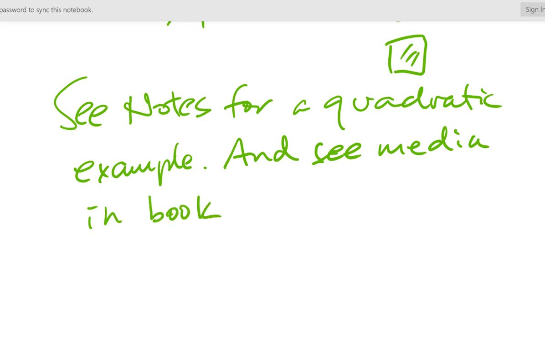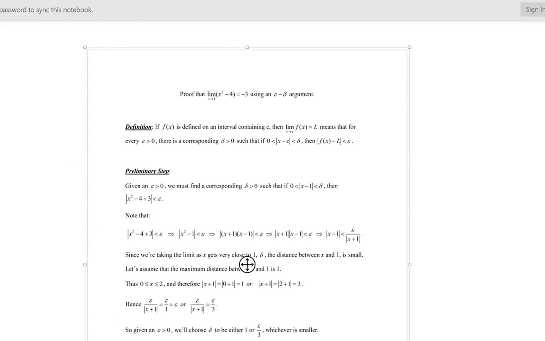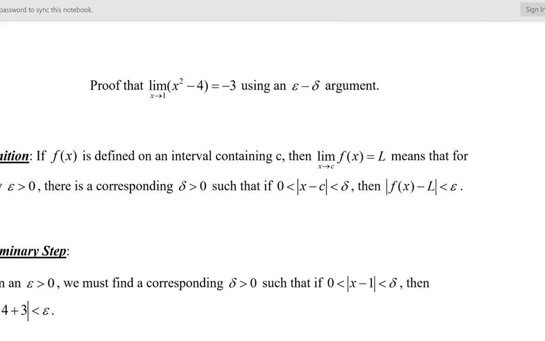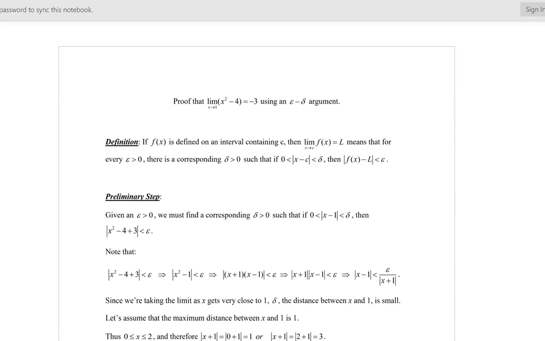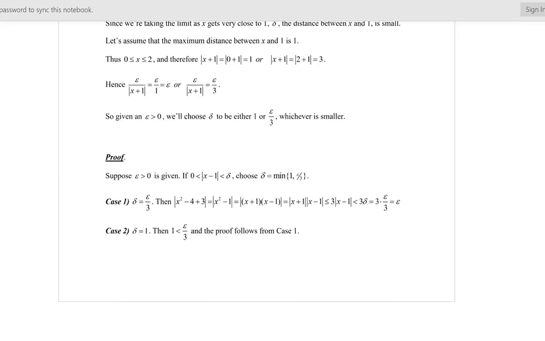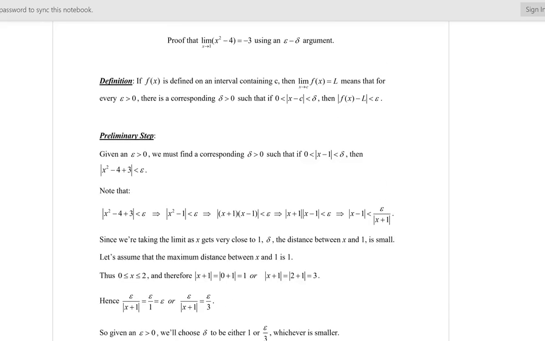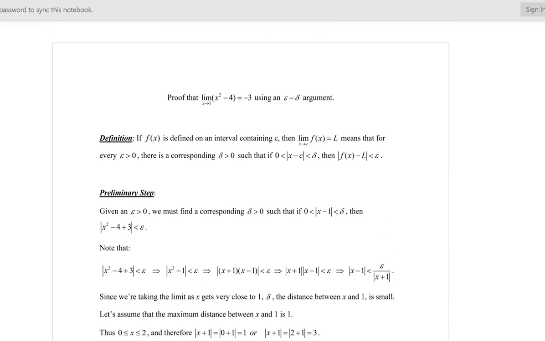Okay, let me see if I can find it. So here's an example of where you're dealing with a quadratic. Okay, and there's a level of difficulty that pops up in here, and so this is how it's done. Okay, if you're interested, I may give a bonus on a test if you can do this. Okay, so that's an example of one of those. Let's move on to something else.